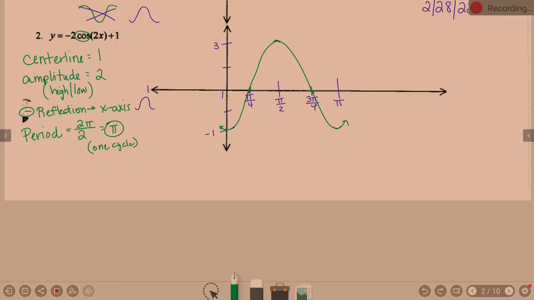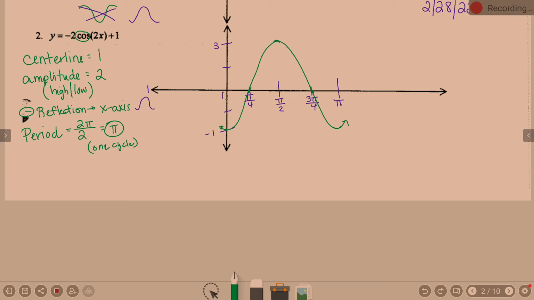If you look back at the original cosine curve, a regular cosine curve starts up top. We started down low because it was reflected. So normally it would have gone high, low, high. Instead, we went low, high, low because it was a reflected curve. Does that help? Yeah. Okay.